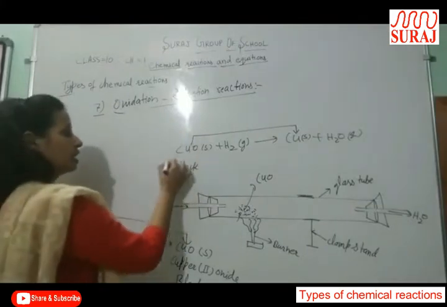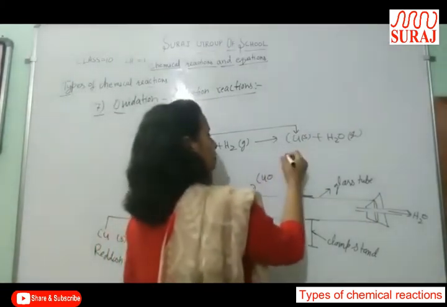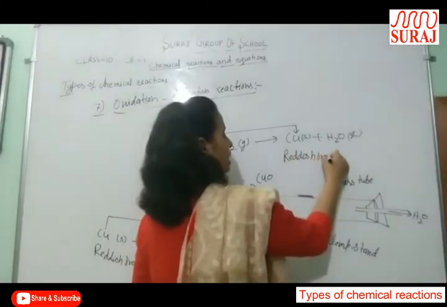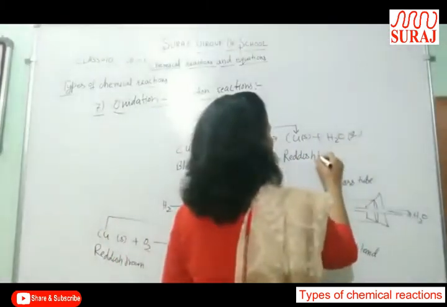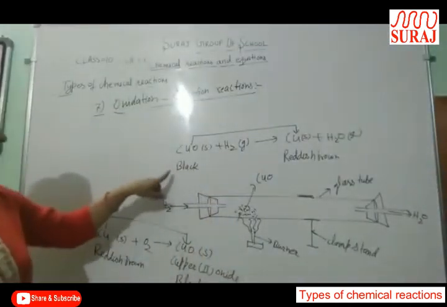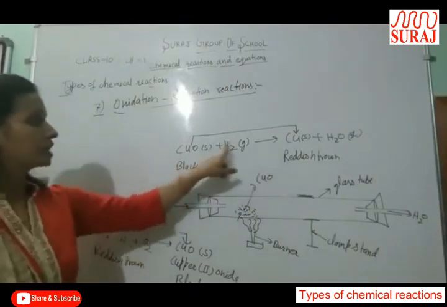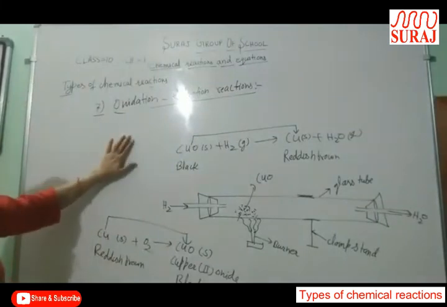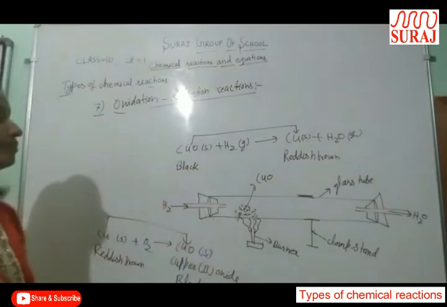The black copper oxide is converted back to reddish brown copper. We can say this reaction is reversible, but this takes place in the presence of hydrogen.